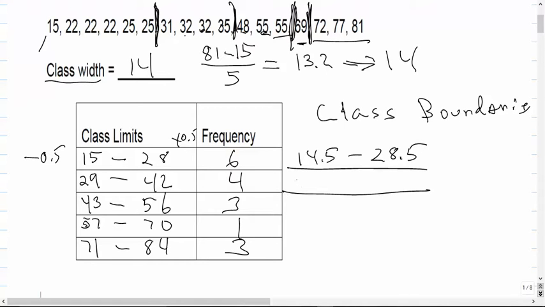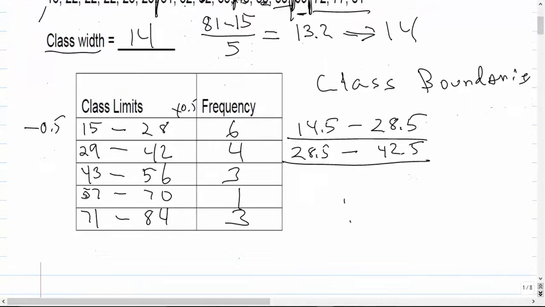The next one would be 28.5 up to 42.5, and continuing would provide the class boundaries, because if you're building a histogram, there are those that believe there should be no gap between the different bars in the histogram. Anyway, moving on to number 2.